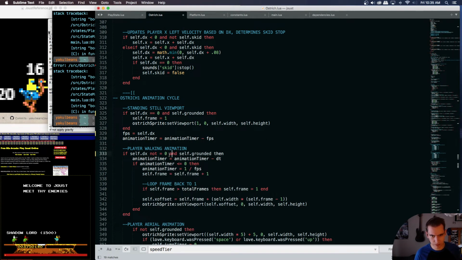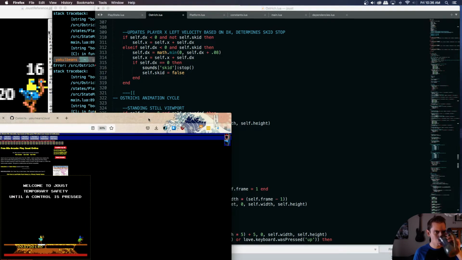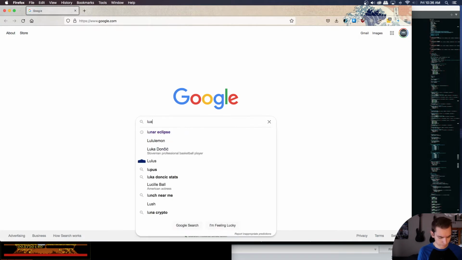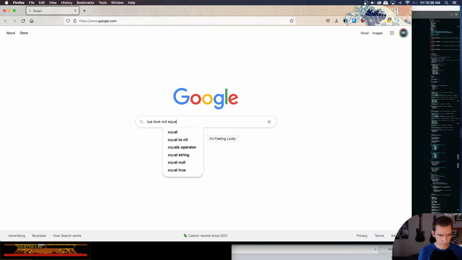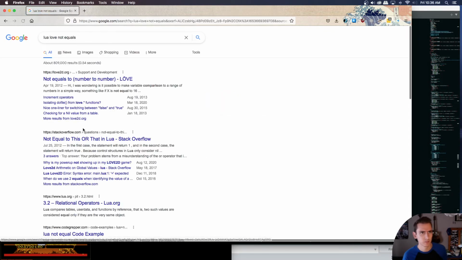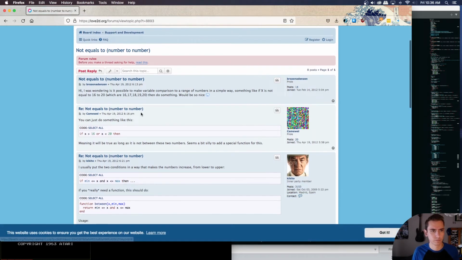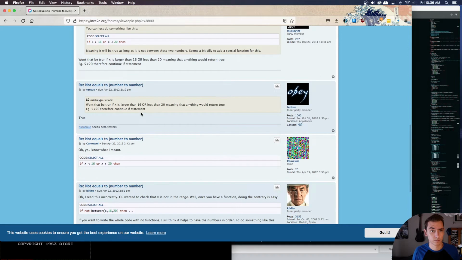Wait, how do you do not equals in Lua? Wait, really?